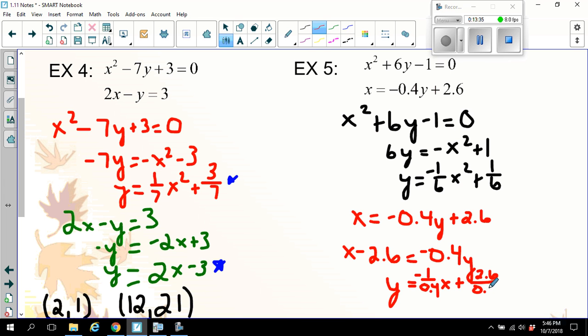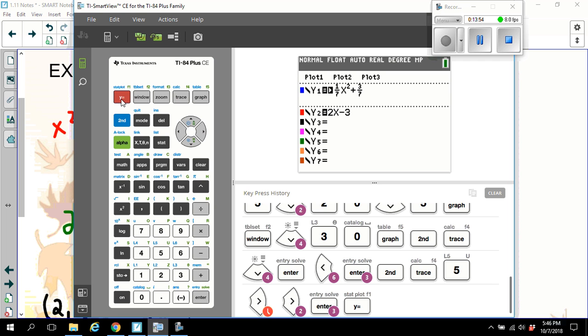Now usually I would say, okay, do not leave this, right, when you have a fraction and a decimal, but we are just plugging it into the graphing calculator, so it's okay to do it here. So we're going to plug both of these into our graphing calculator, into the y equals. So make sure we go back to y equals. We're going to clear both of our example 4.